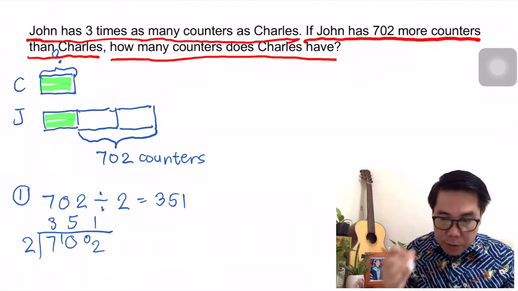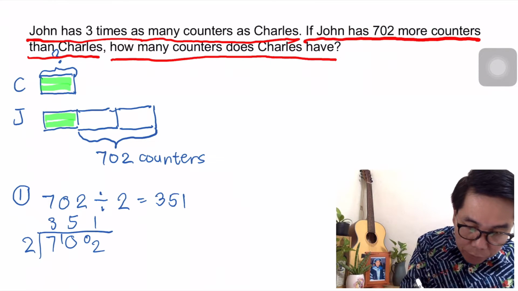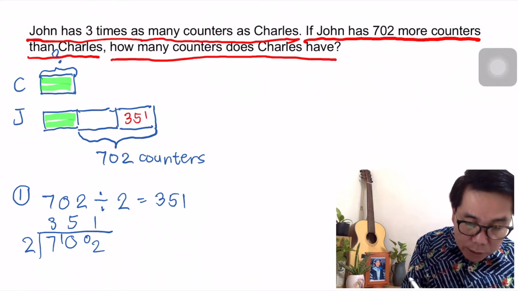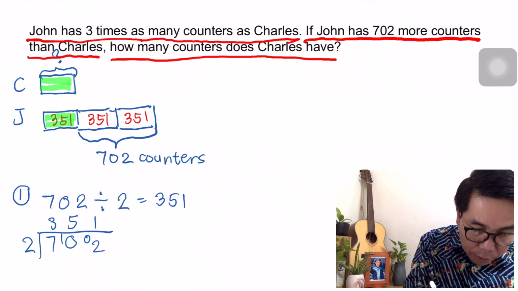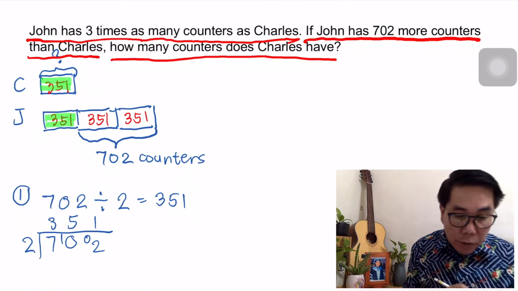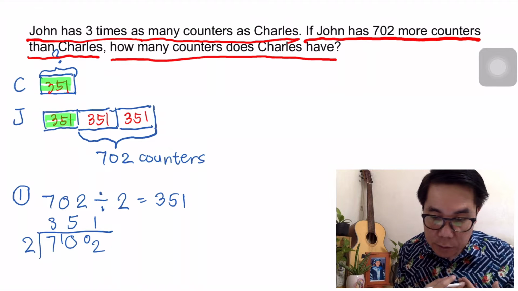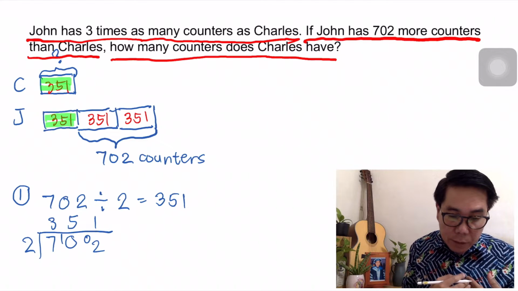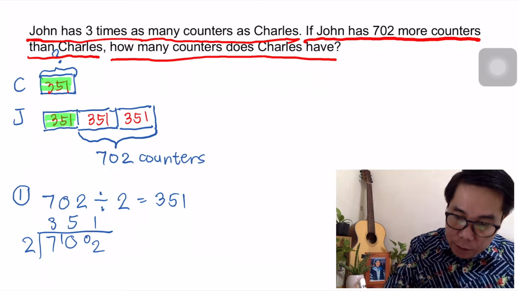So in other words, 1 bar there is 351, which is the same as this one also. 351, 351, 351, and we're looking for Charles' counters.